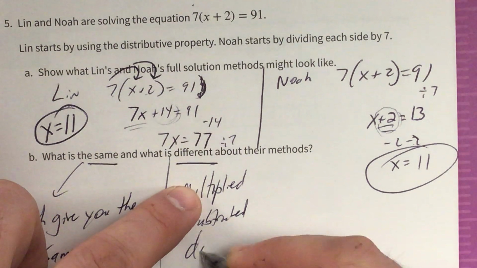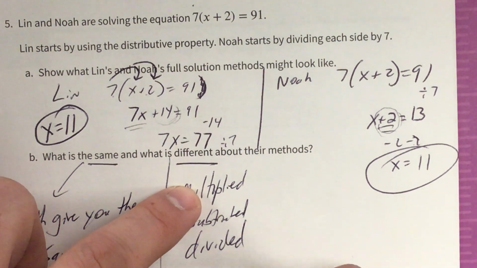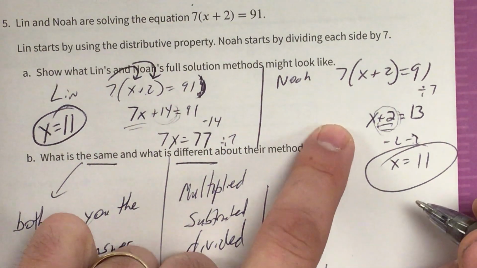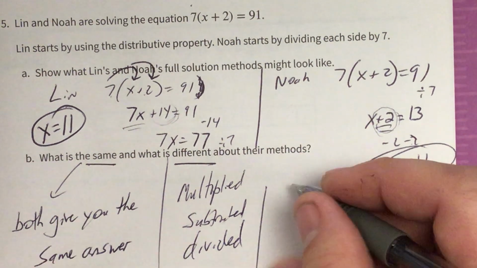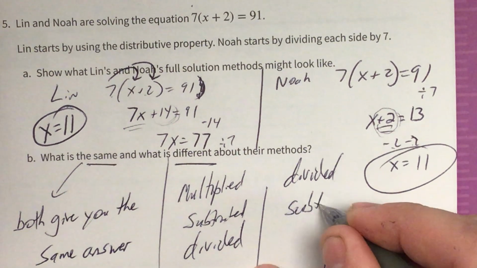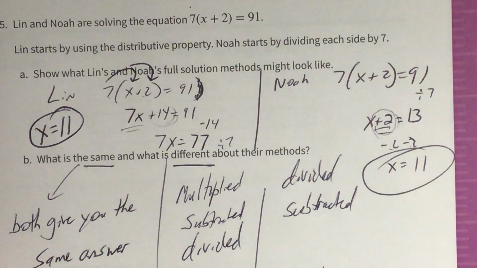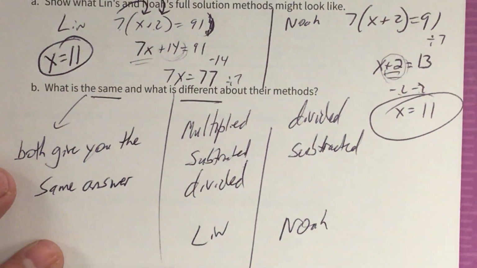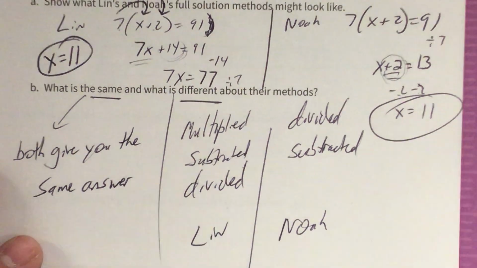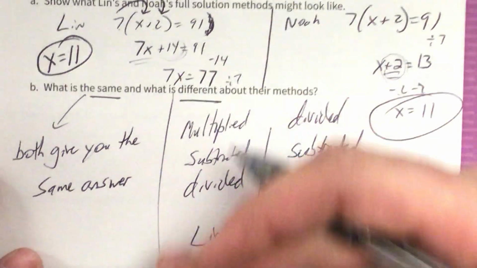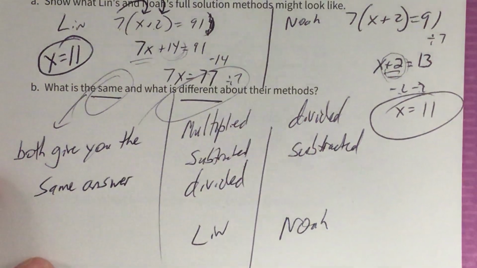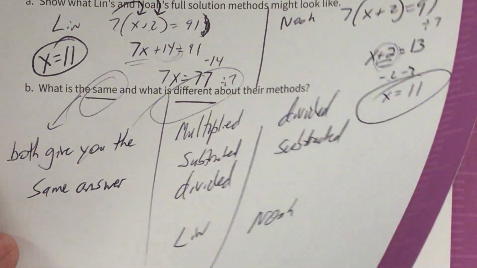And then we divided. How about Noah's way? What did we do first? Divided. And then subtracted. So you could say the number of steps is different. This one was 3 steps, 3 operations. This one was only 2. The order that we did them is different. But somehow you needed to say something that was the same and something that was different.